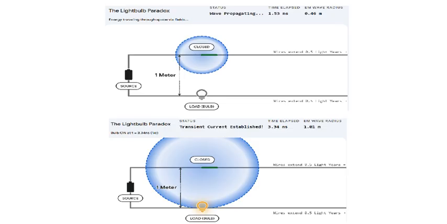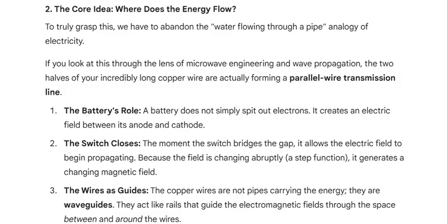2. The core idea. Where does the energy flow? To truly grasp this, we have to abandon the water flowing through a pipe analogy of electricity. If you look at this through the lens of microwave engineering and wave propagation, the two halves of your incredibly long copper wire are actually forming a parallel wire transmission line. The battery's role. A battery does not simply spit out electrons.